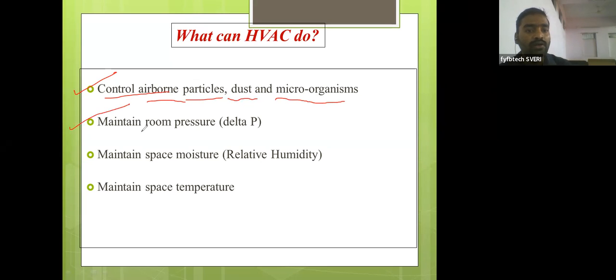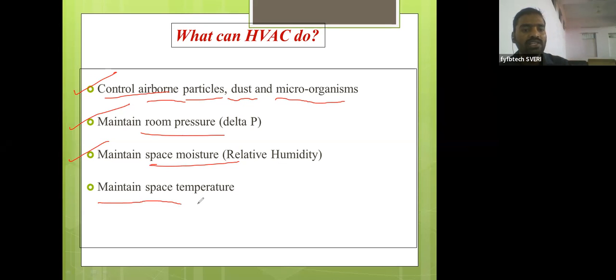Then it maintains room pressure, the outside pressure and inside pressure. If the outside pressure is low, it will maintain it. If the inside pressure is very high, it will maintain it. Then it maintains space moisture, relative humidity. The outside is very hot summer, but inside you feel cool because of the AC.